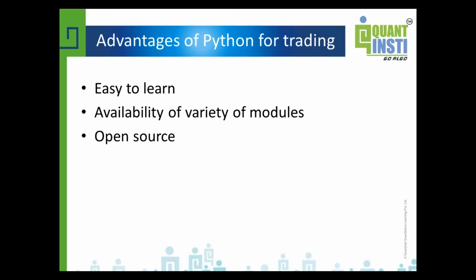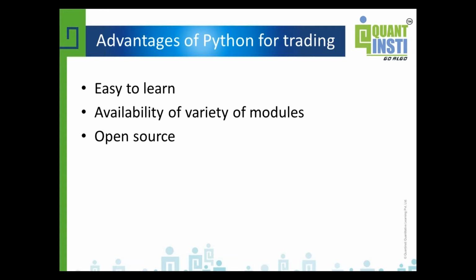A little bit of discussion about Python for trading. Based on my personal experience, I feel the beauty of Python, especially for beginners, is that it is very easy to learn compared to Java or C# or C++. If you just read some introduction books, you can quickly grasp the idea of Python and realize your trading strategies.